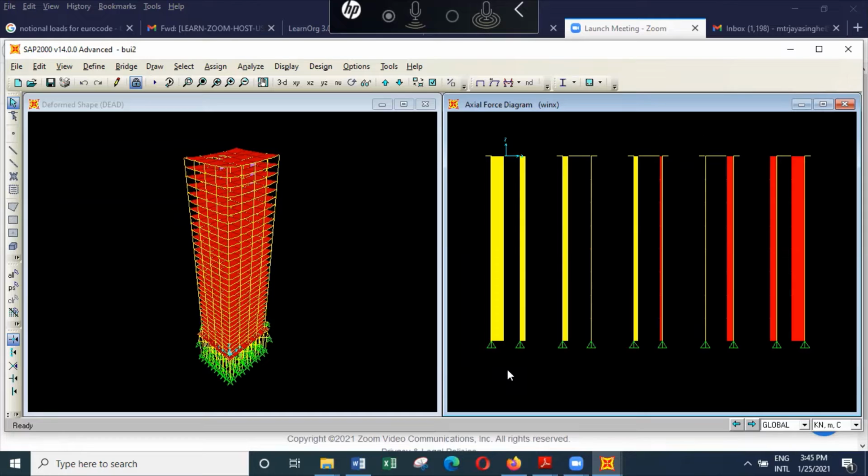Because it's a cantilever with a full moment acting on the whole structure, the piles on the windward side will go into tension, whereas piles on the leeward side will go into compression. So that's the behavior you get due to the cantilever action. Basically the whole structure is behaving like a cantilever.